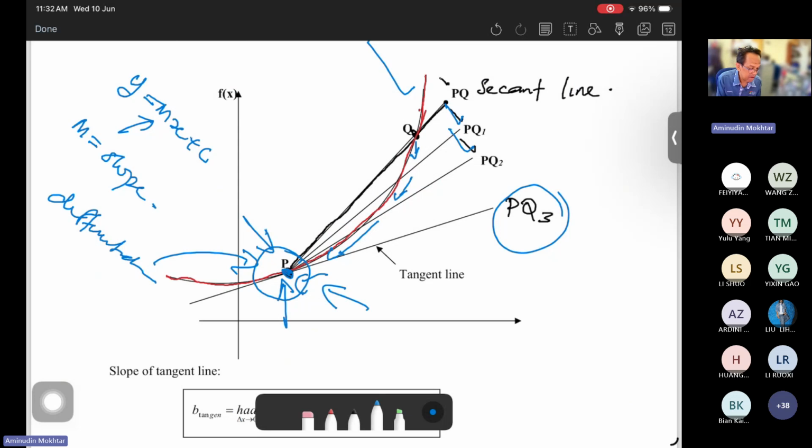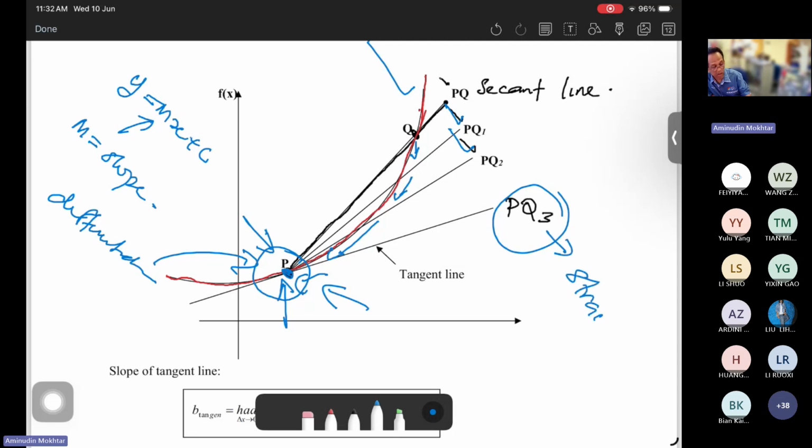The tangent line. The tangent line to a curve at a particular point, for example, point P. So again, when we're talking about the tangent line, what is a tangent line? We can define that the tangent line to a curve at a particular point is a straight line, garisan lurus.